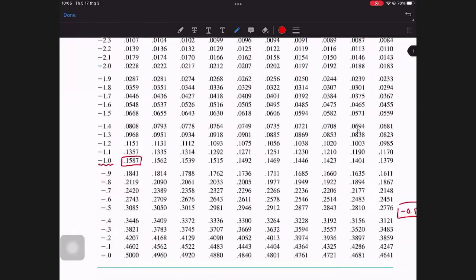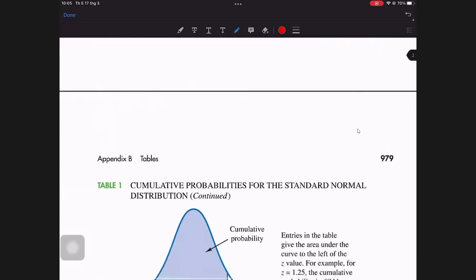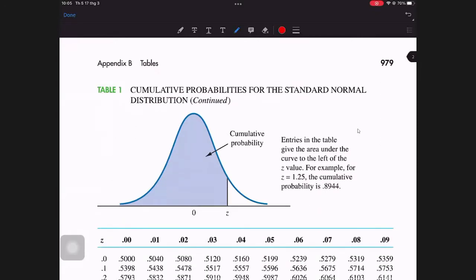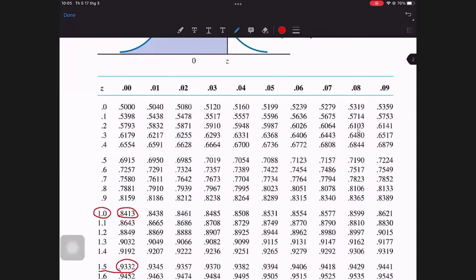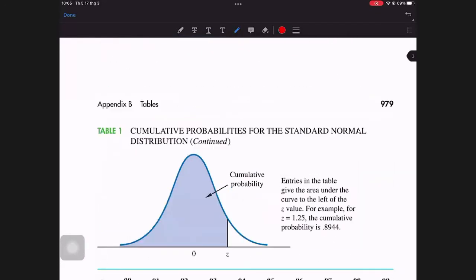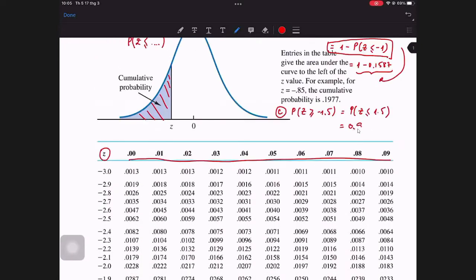So we just look at 1.5 here. You do not have to do any calculation. Just take this value from the table. So we have 0.9332, directly from the table.